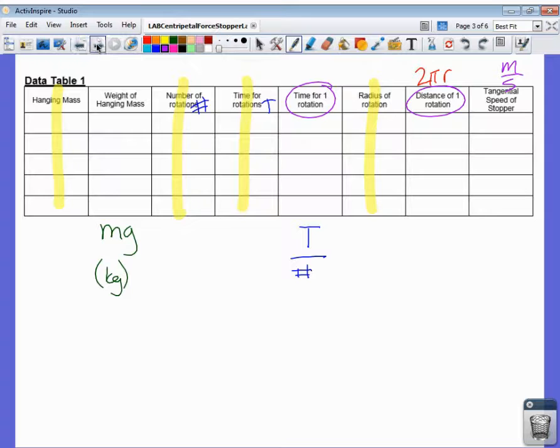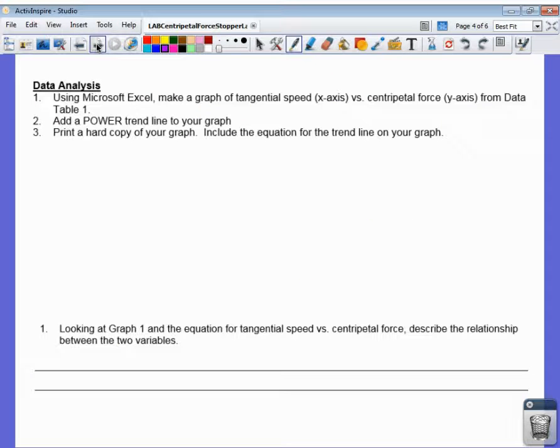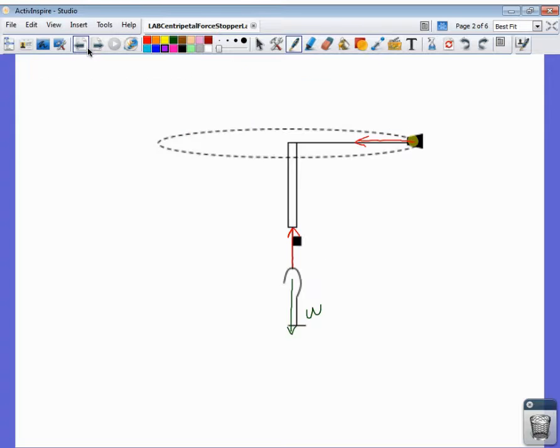As far as your graphs go. So graph one says make a graph of tangential speed versus centripetal force. Centripetal force doesn't show up anywhere on your lab. But going back to this picture, ultimately, where does the force acting on the stopper come from? The string. But the string's attached to what?